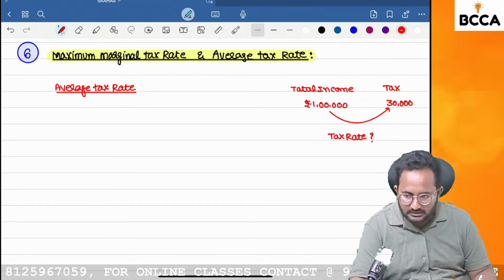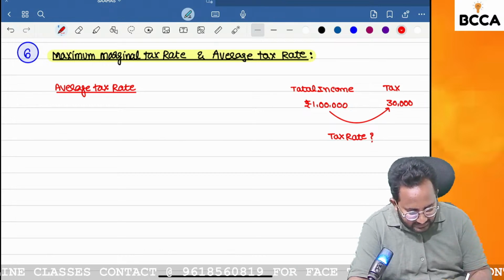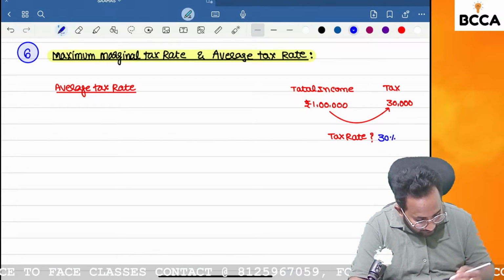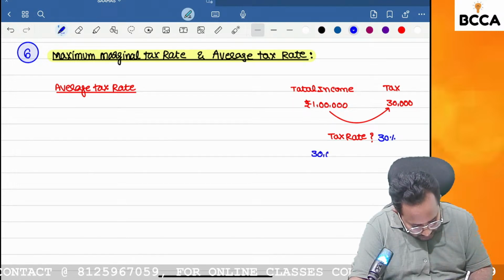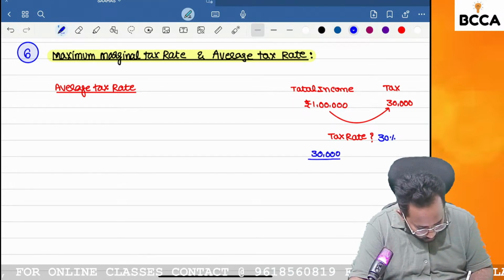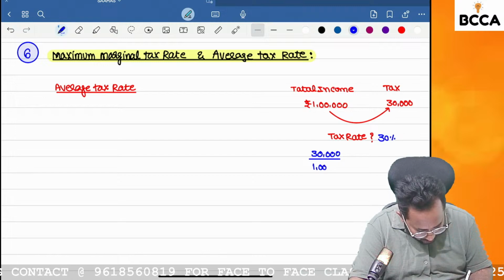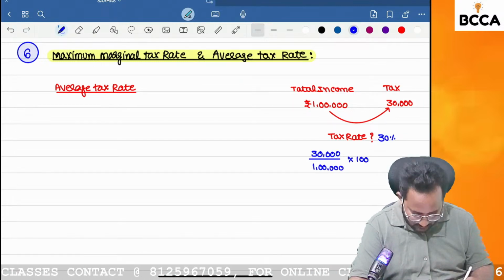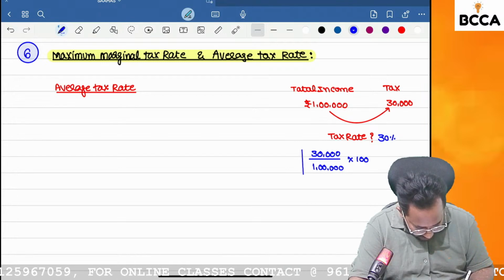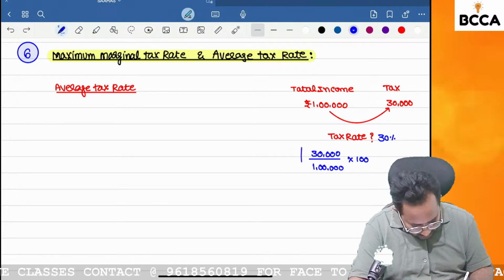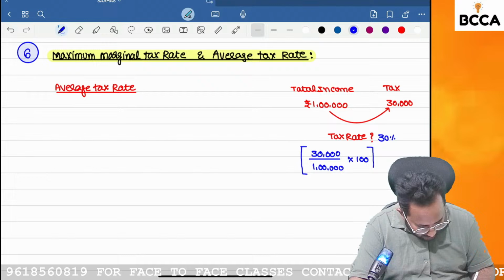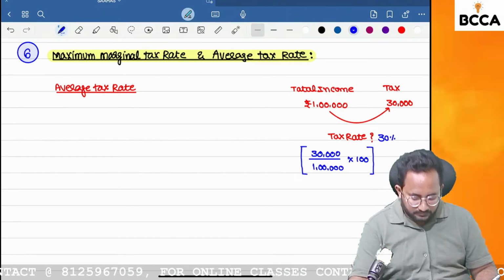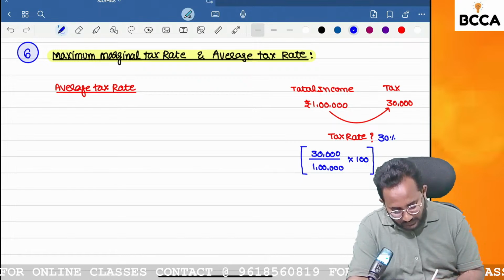Simply you can say it is 30%. How is it obtained? 30,000 divided by 1 lakh into 100. This is the formula.